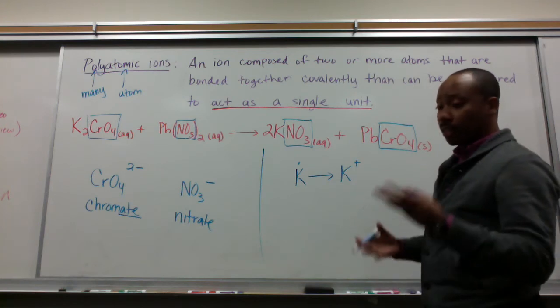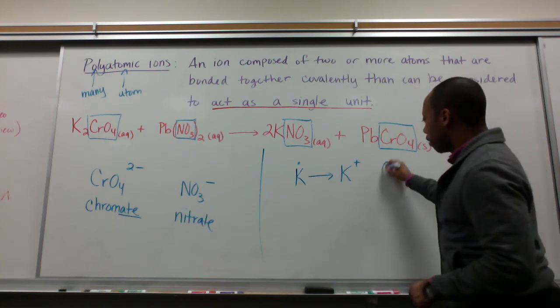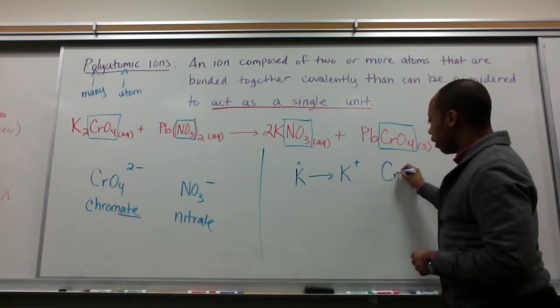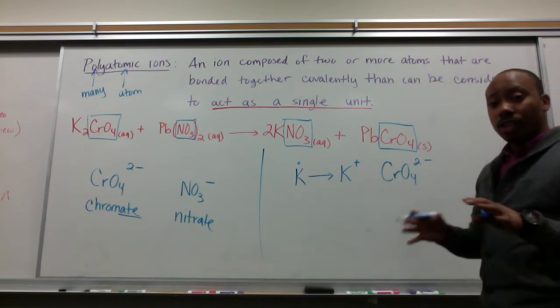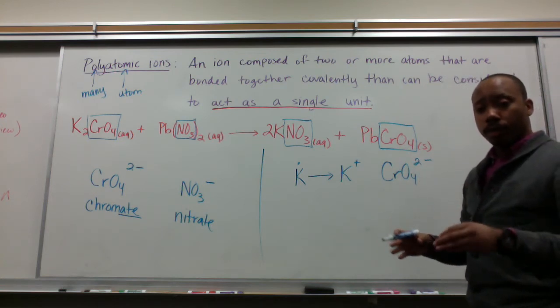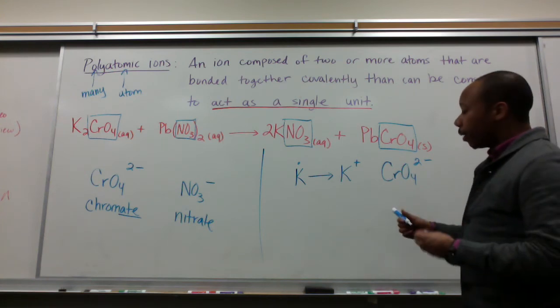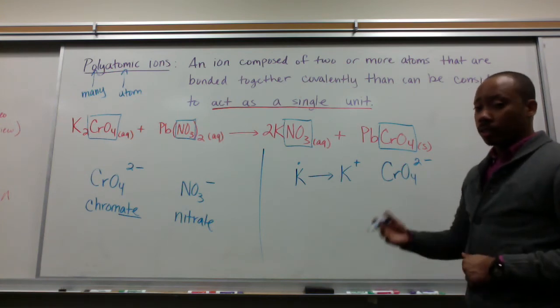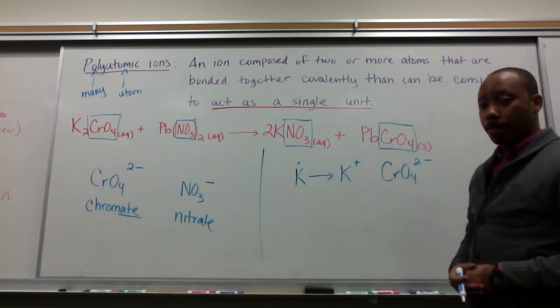And we know, because I just told you, that chromate is a polyatomic ion that is CrO4 2 minus. Just like in our other examples, when we talked about ions the first time and forming ionic compounds, here we can use the crossover method to create our chemical formula, the first one, potassium chromate.